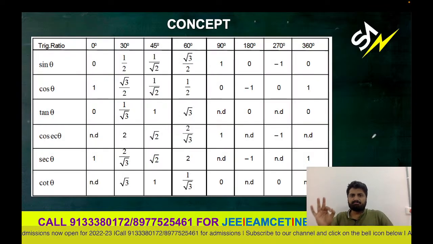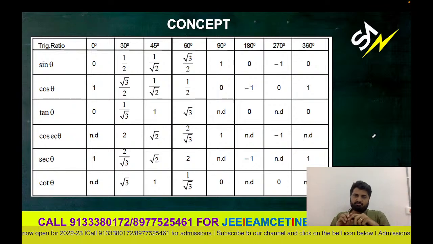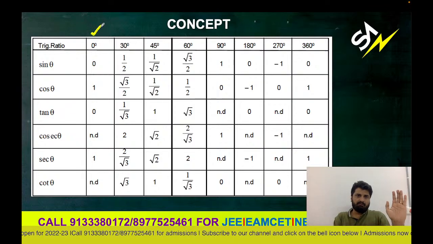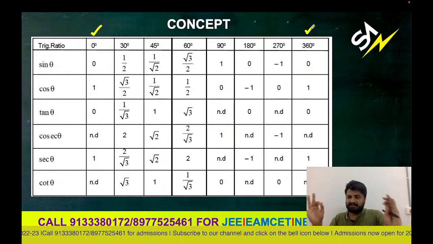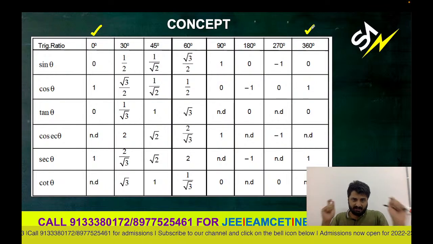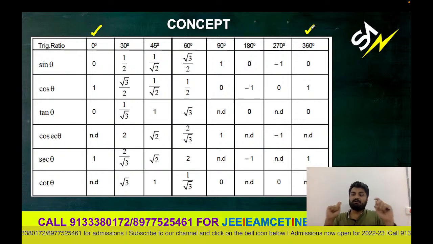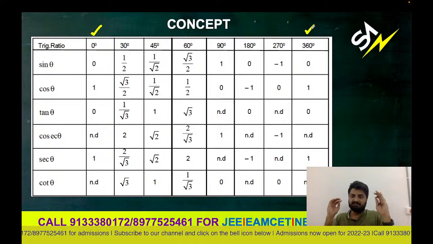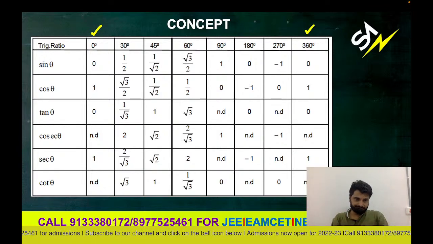Now after this we are also going to see the standard table between 0 and 360 degrees. All the standard angles are given in this table, and I'm expecting all of you to know these values by heart, because we'll be using these values in the shortcut tricks we discuss.